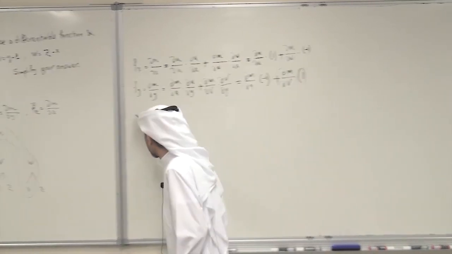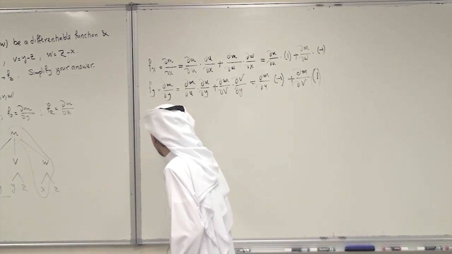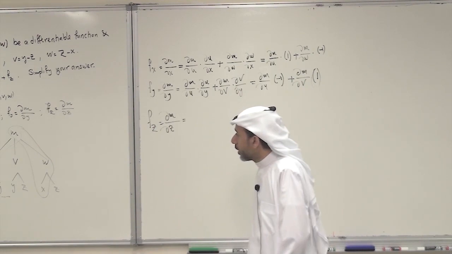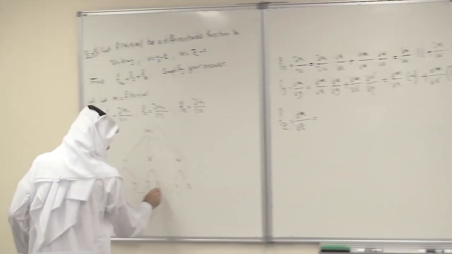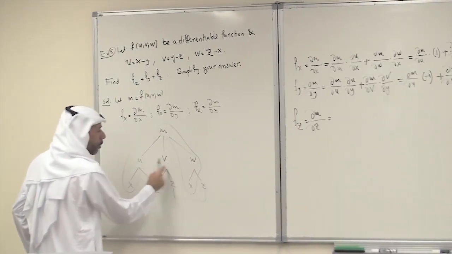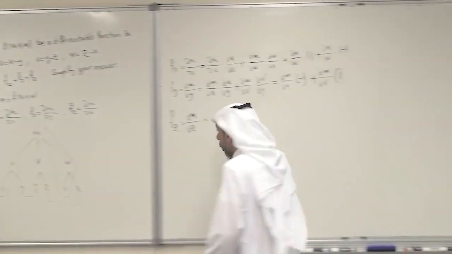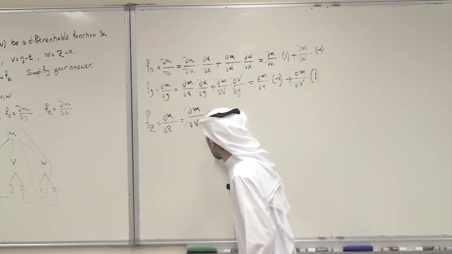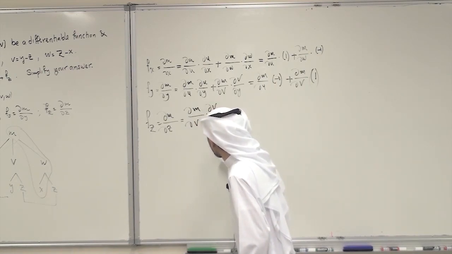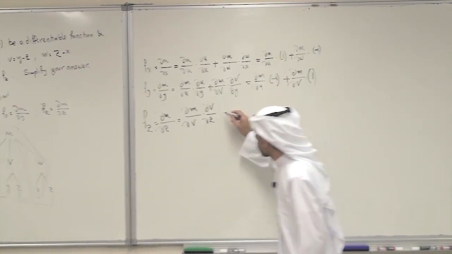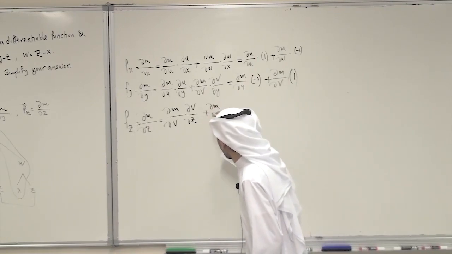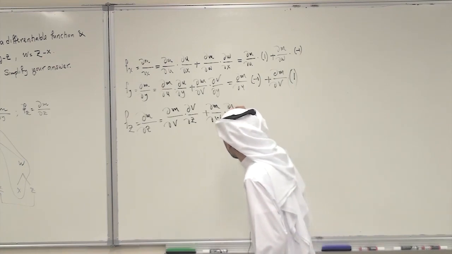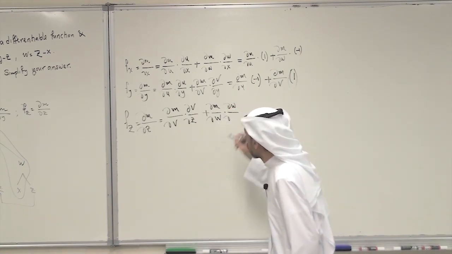The last one, f sub z, this is partial m, partial z. For z, I can go just through v and w only. So this is partial m, partial v times partial v, partial z, plus partial m, partial w times partial w, partial z.